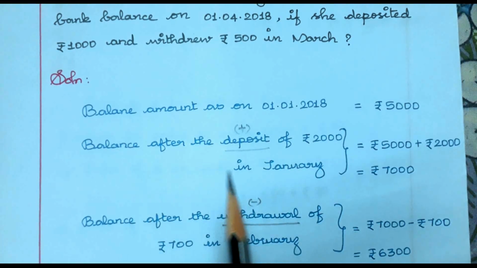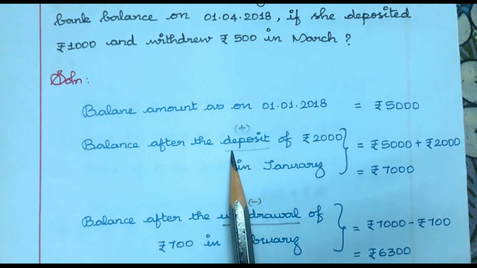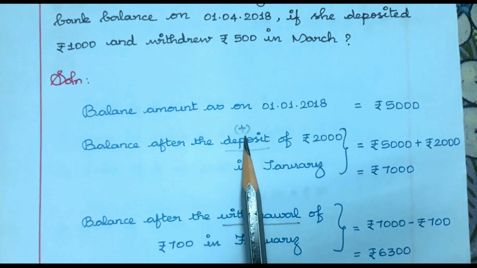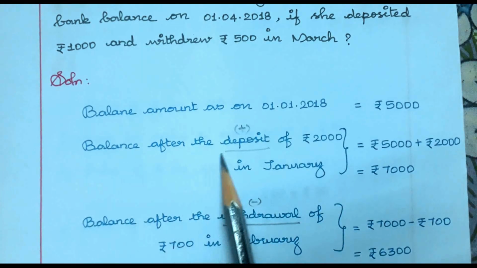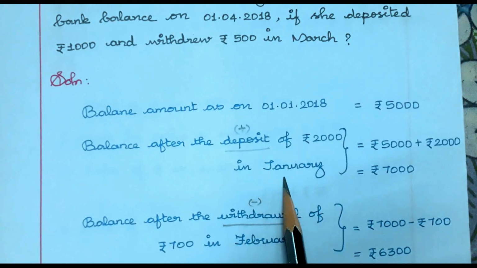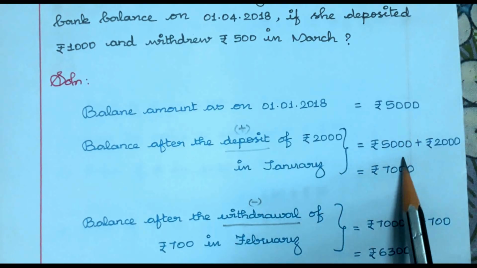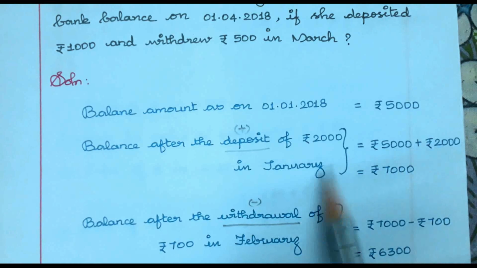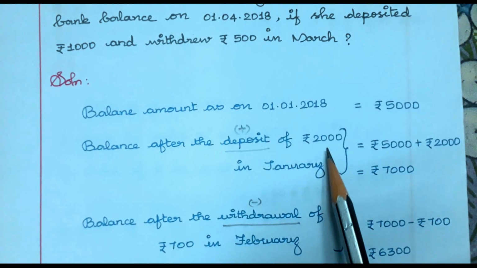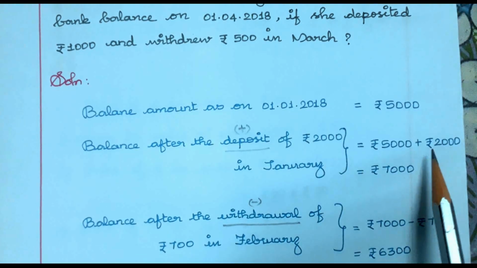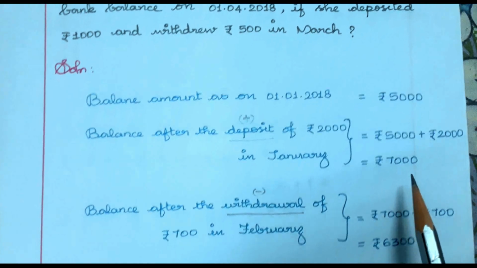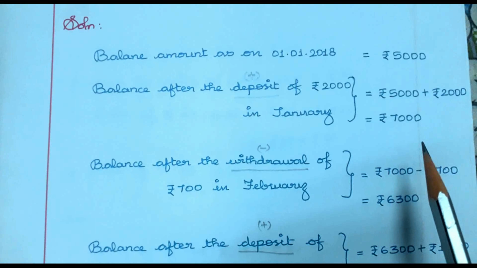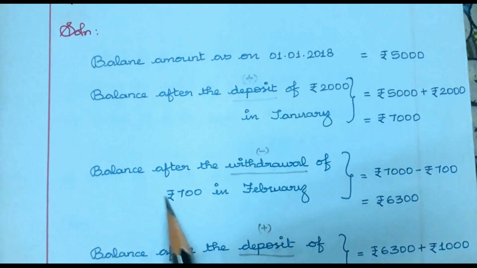We have already seen in the previous exercise that deposit is nothing but addition and withdrawal is nothing but subtraction. So she already has rupees 5,000, plus in January she has added 2,000 rupees. So 5,000 plus 2,000 is nothing but 7,000. Now she has 7,000 rupees in her account.